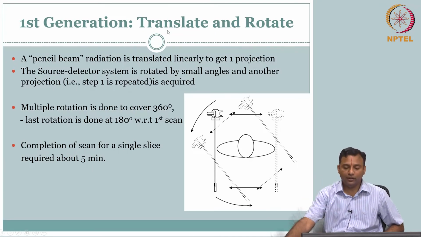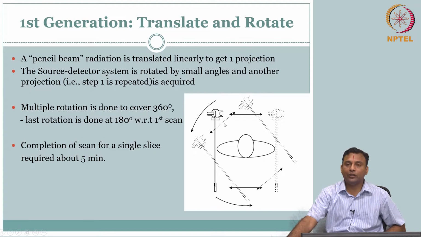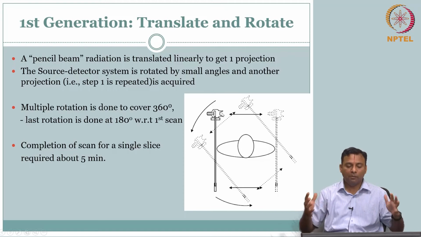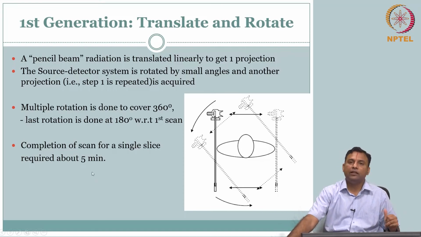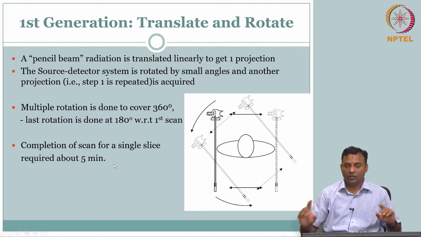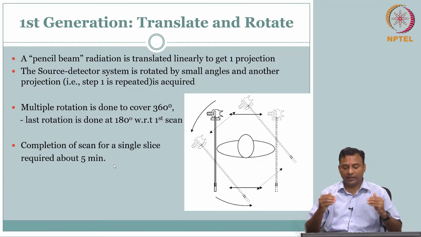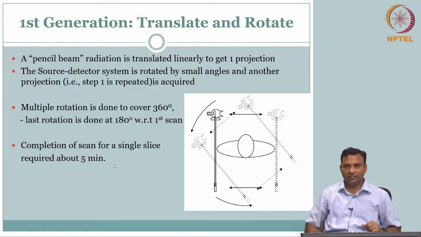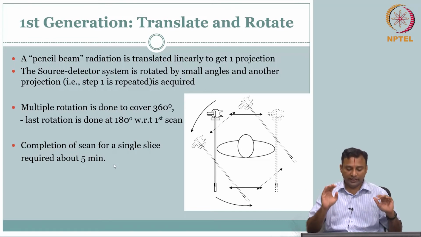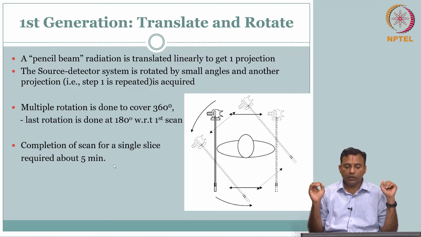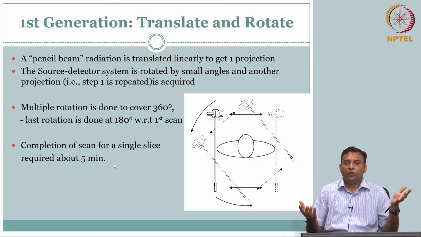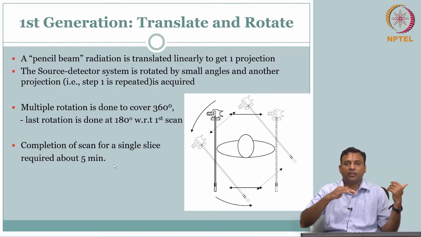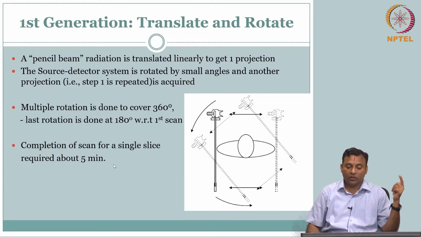Of course, it depends on the field of view and your rotation step size, but roughly it is several minutes just to do the data collection, not accounting for the reconstruction you have to do after you get the data. Okay, but the first generation allowed you to see for the first time what is there through the slice. So that was a huge step.